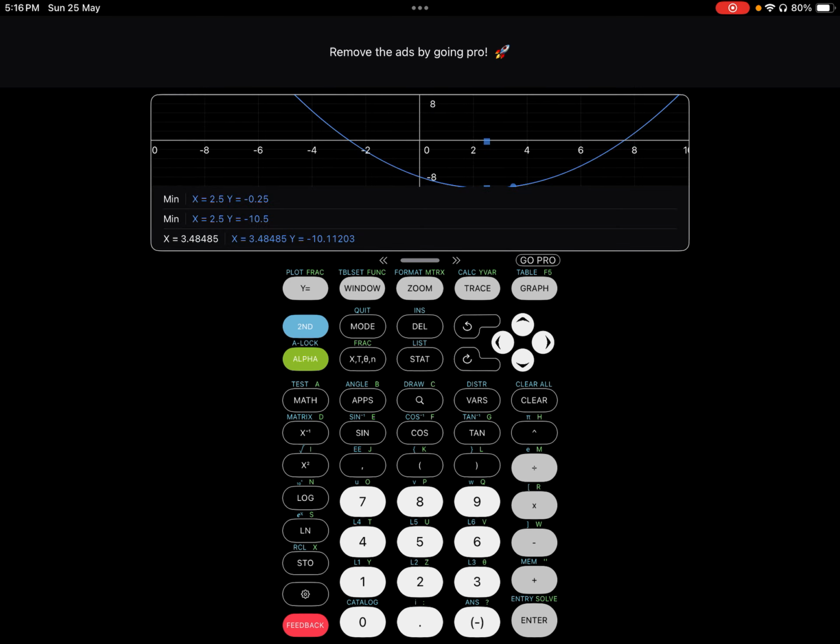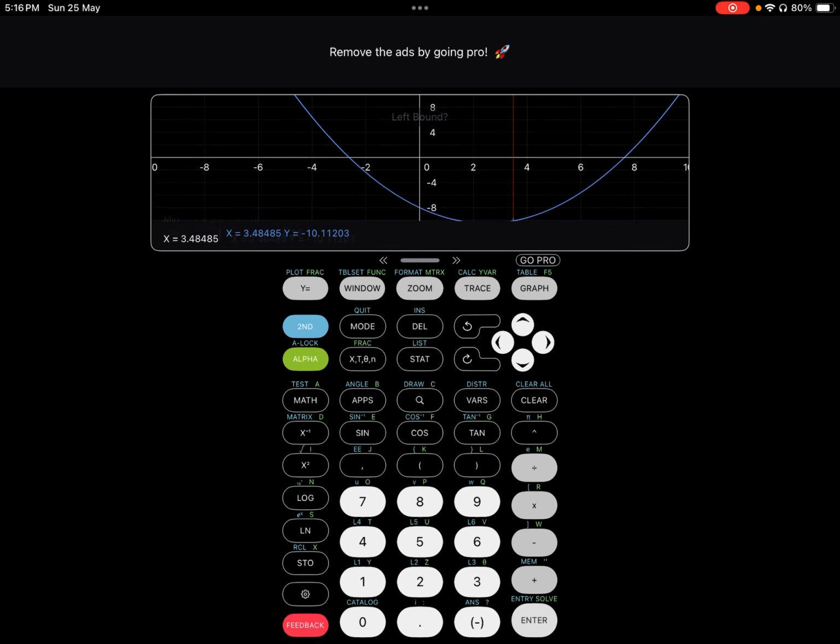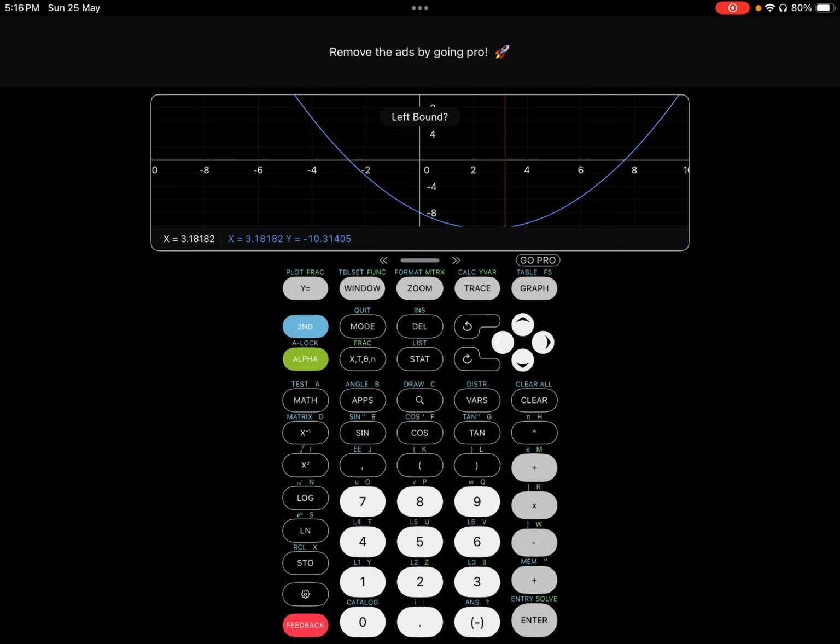And there we go. We have two x-intercepts here. So I'll go to second trace and choose 0, and I'll press enter. Now they're going to ask for the left bound. I'm going to find the one on the positive side first, then I'll move this towards the right.